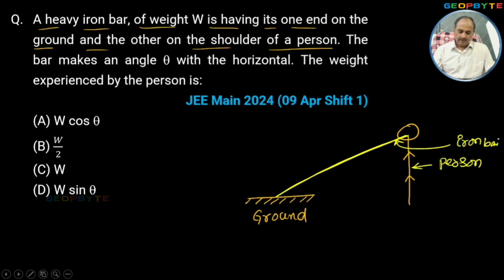The iron bar weight is given as W. Through the center of gravity, the self weight of the iron bar is acting vertically downwards. This is the W. Then the bar makes an angle theta with the horizontal.